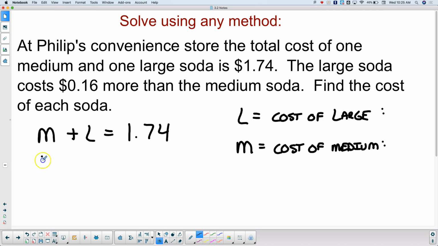Okay? Would you be offended if I went L equals M plus 0.16? Is that okay? Just flippity-floppity to the sides. Okay? Love it.